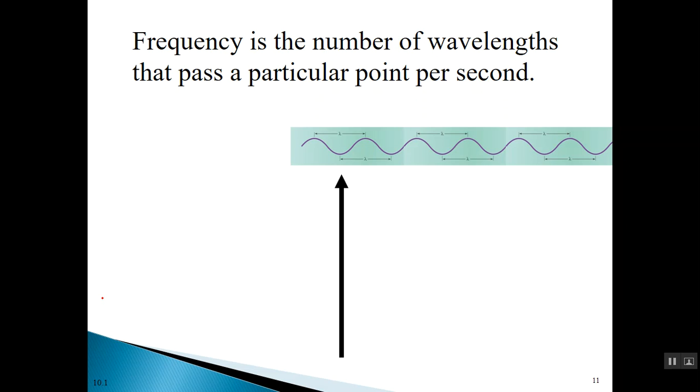The unit of frequency is second to the minus 1, which is the same thing as the hertz unit. So if you see second to the minus 1 or hertz, it's the same thing. That's another property of waves that you need to know about.